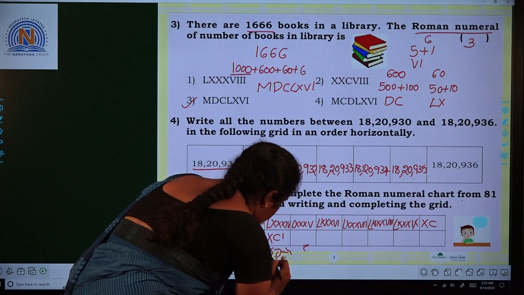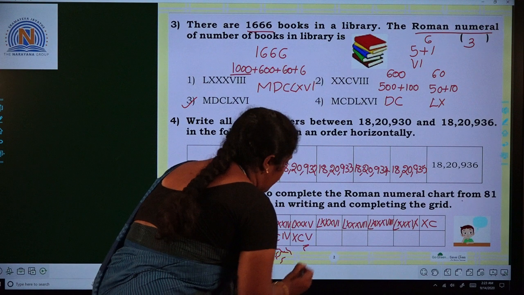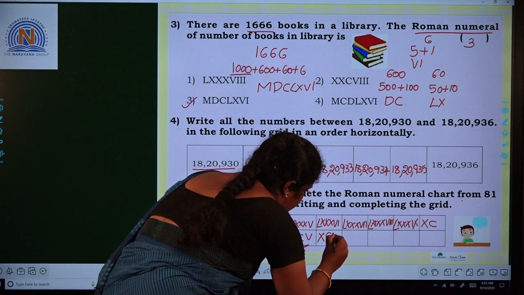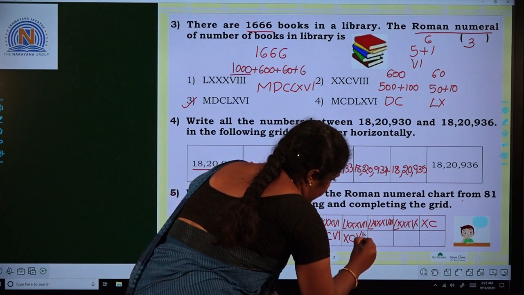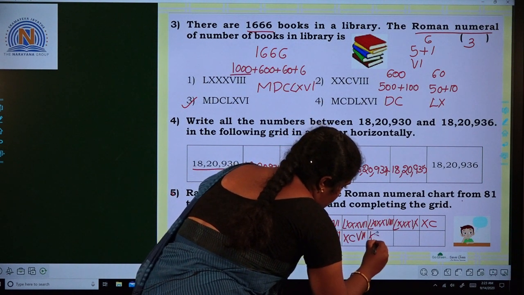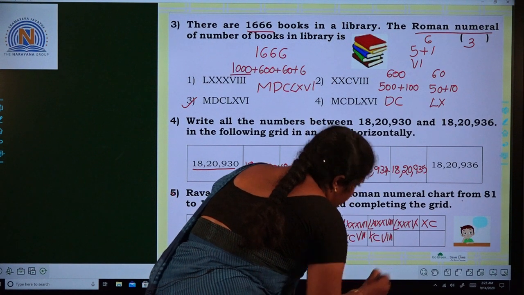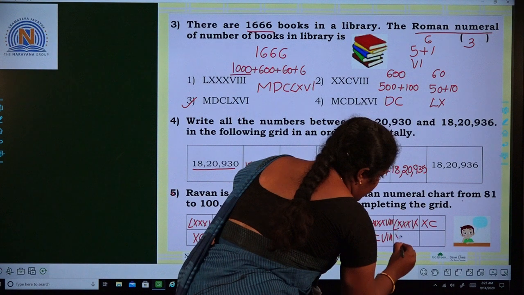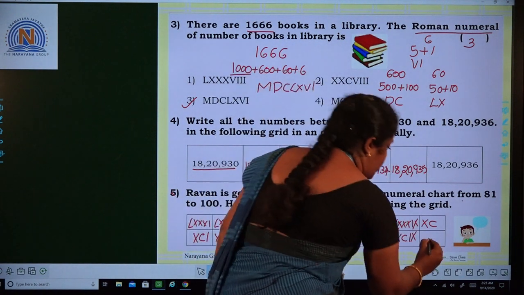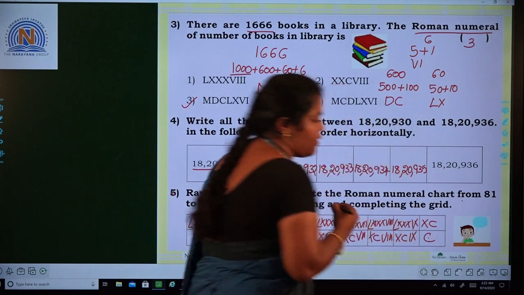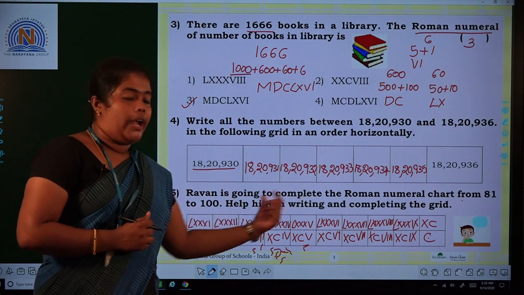Next 95, 96, 97. Next one is 98. Next 99, XCIX. And the symbol of 100 is, in Roman system the symbol of 100 is C. So here we completed the place value chart from 81 to 100.